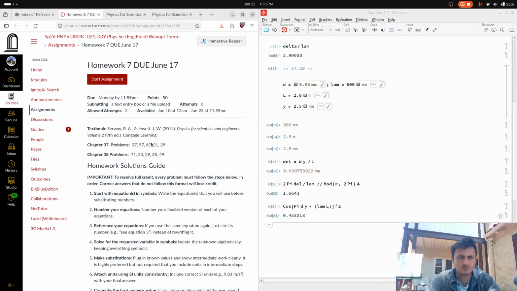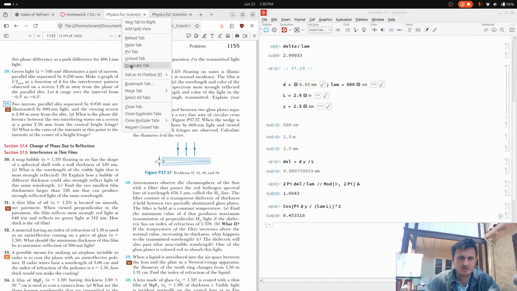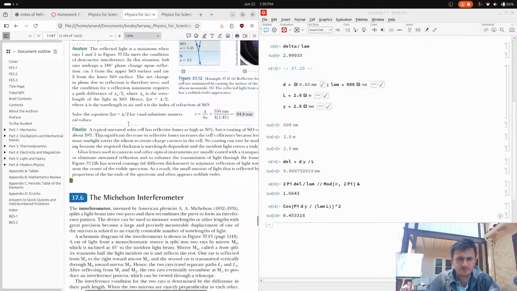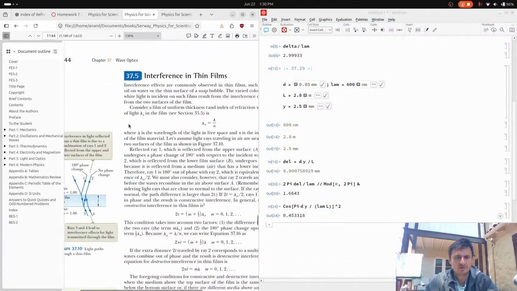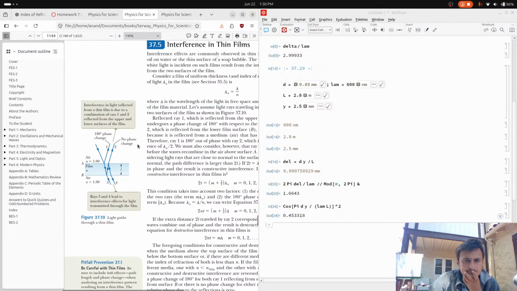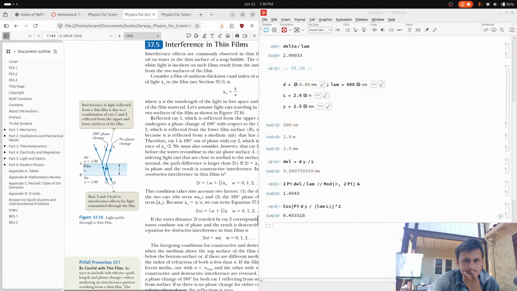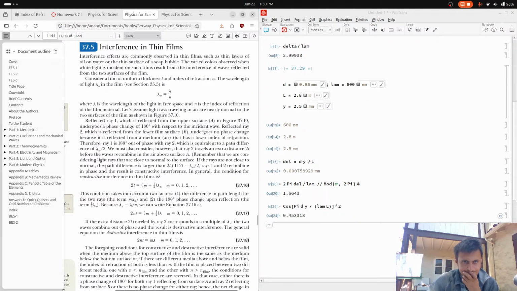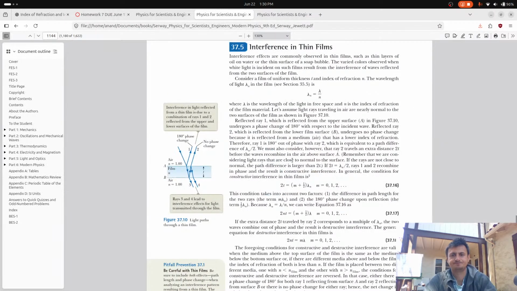This one's hard. At least for me conceptually, this one's challenging. Thin film interference. Let me just read it again.